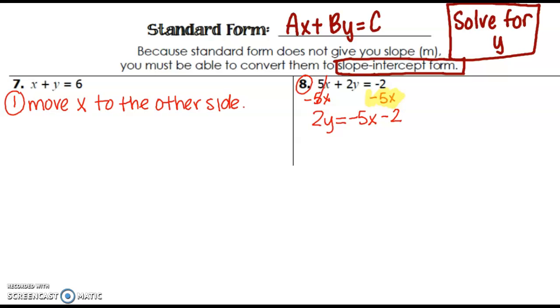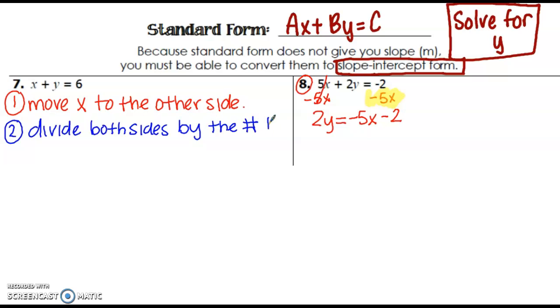Our second step is to divide both sides by the number that y is being multiplied by. So here I see my 2 is being multiplied against my y.